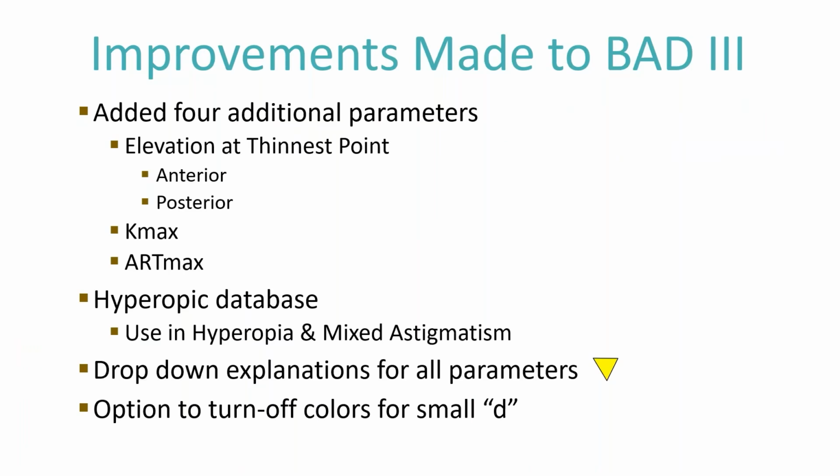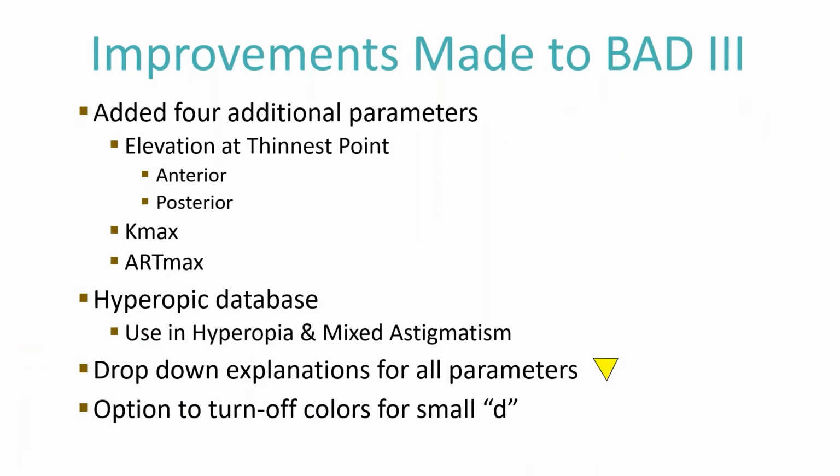In addition, version 3 introduced a hyperopic database. The hyperopic database is meant to be used in any patient that has any axis that's hyperopic. So that means hyperopia and or mixed astigmatism.